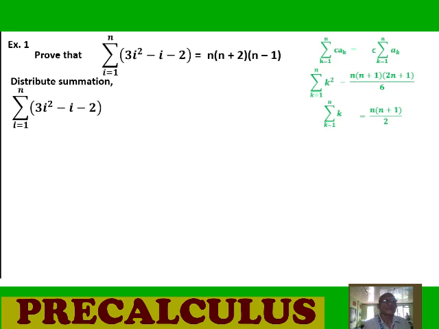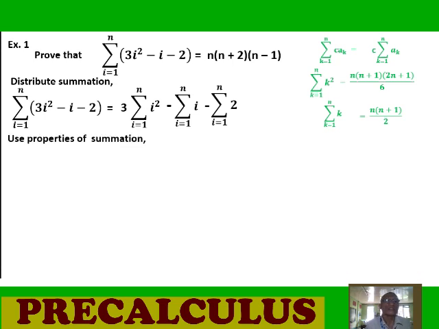So substitute the summation symbol with 3 moved before the sigma notation. So 3 times summation of i squared as i starts from 1 to n, minus summation of i as i starts from 1 to n, minus summation of 2 as i starts from 1 to n.